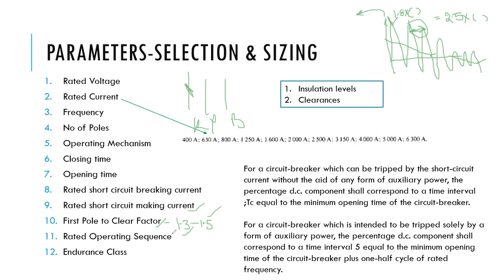When a fault occurred, how much the voltage is rising up, it's nearly 1.3 or 1.5. So that is the first pole to clear factor. It's not much needed. That is a parameter we will generally talk about when we are discussing the breaker.